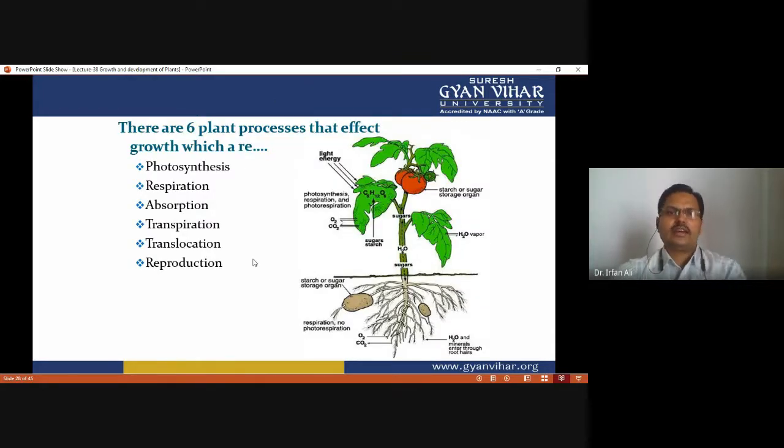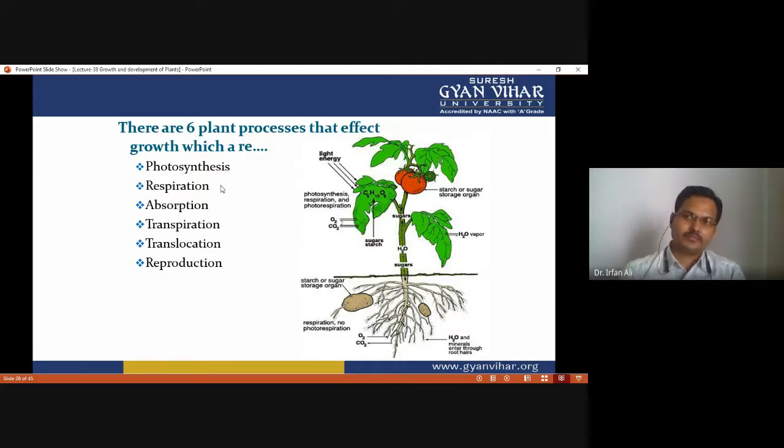So there are six plant processes that affect growth: photosynthesis, respiration, absorption, transpiration, translocation, and reproduction. So these are the six major processes that occur in the plant, and you are aware of all of these.